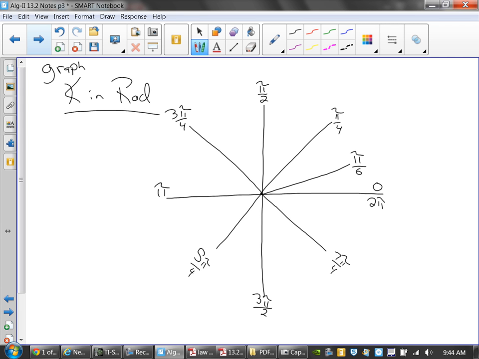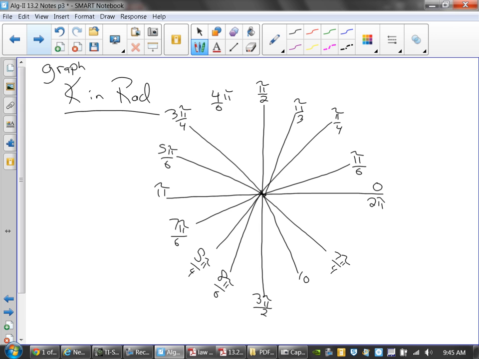So 60 degrees is 2/6. 2/6 simplifies, so it becomes pi over 3. 2/6, 3/6, 4/6, 5/6. I'm going to go back and simplify fractions here in a second. 6/6, 7/6, 8/6, 9/6, 10/6, and 11/6.